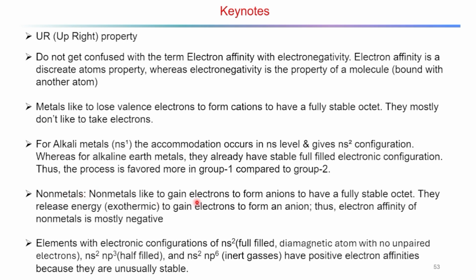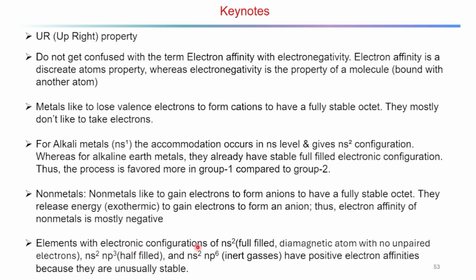Nonmetals like to gain electrons to form anions to have a fully stable octet. They release energy, that means it's an exothermic process, to gain electrons to form an anion. Thus, electron affinity of nonmetals is mostly negative, as we have already seen in the case of fluorine, chlorine, bromine.